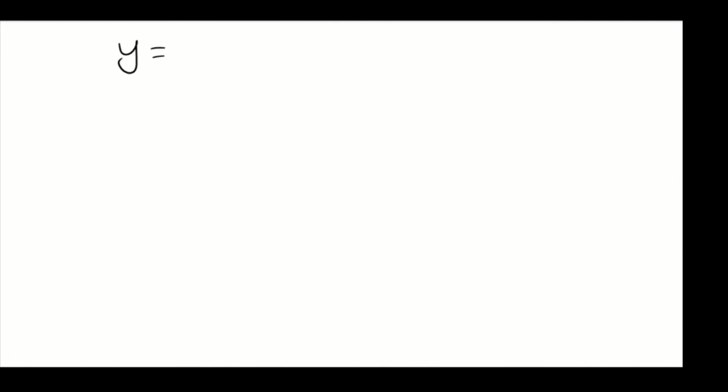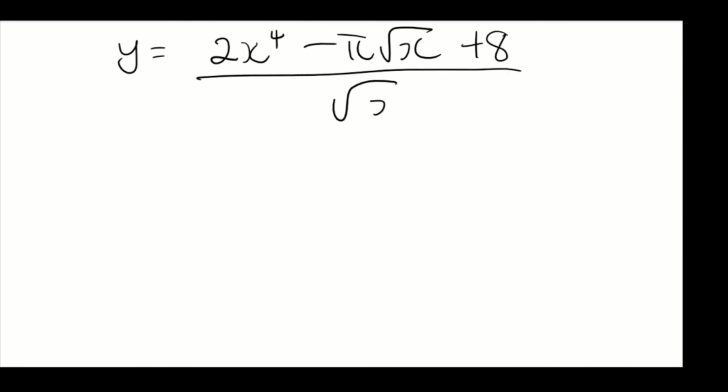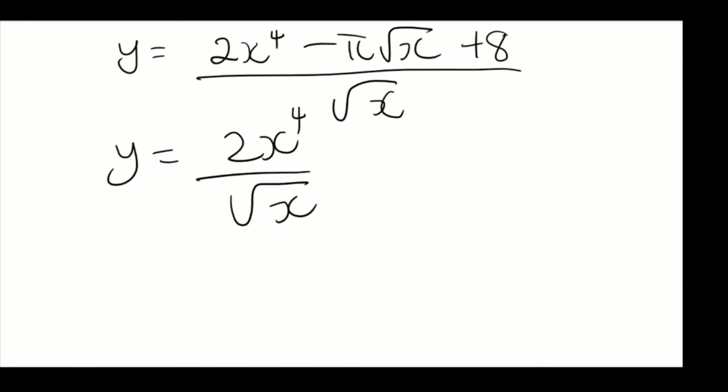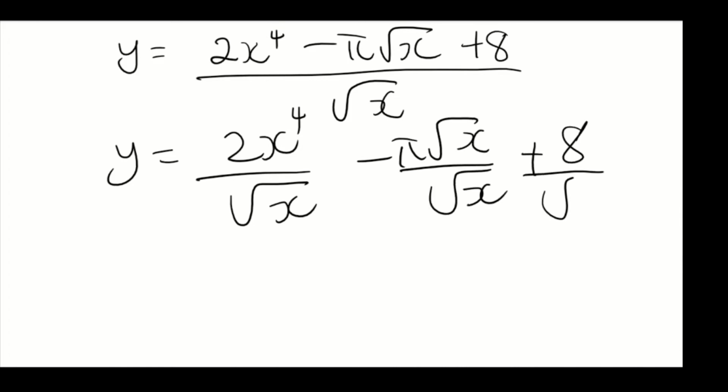Having y is equal to 2x to the power 4 minus pi root of x plus 8 over root of x. So before we derive, let's first break this problem. It's going to be broken like this: minus pi root of x over root of x plus 8 over root of x.